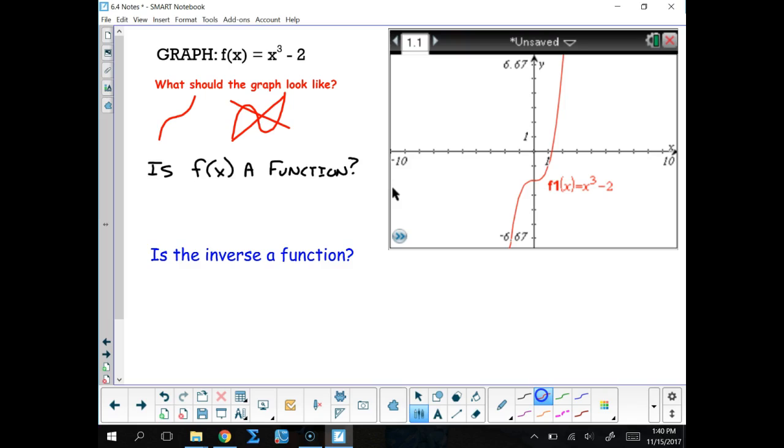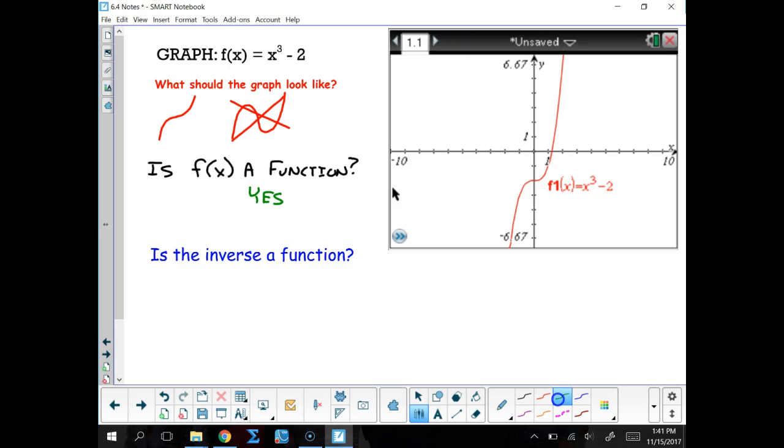So, is it a function? Yeah, that's a function. Vertical line test says so. Is its inverse a function? It is.